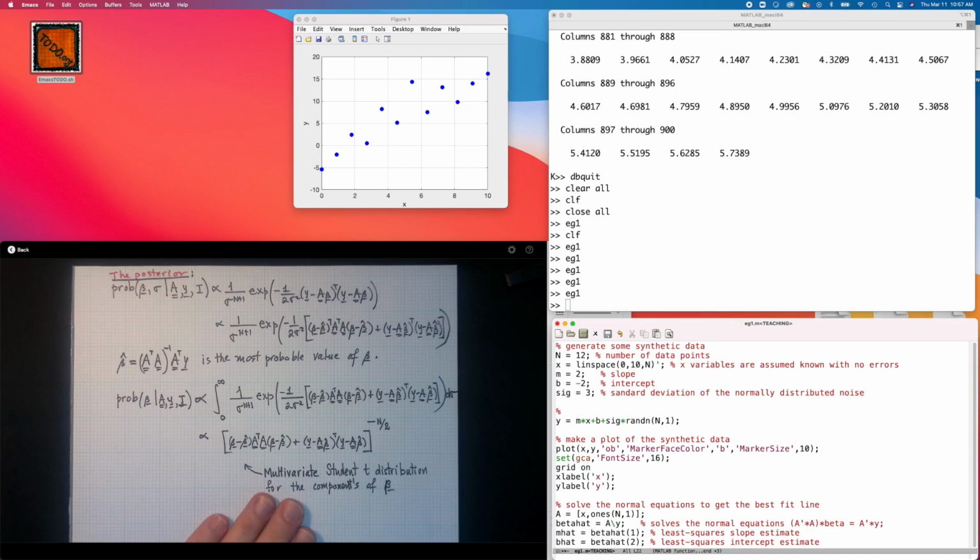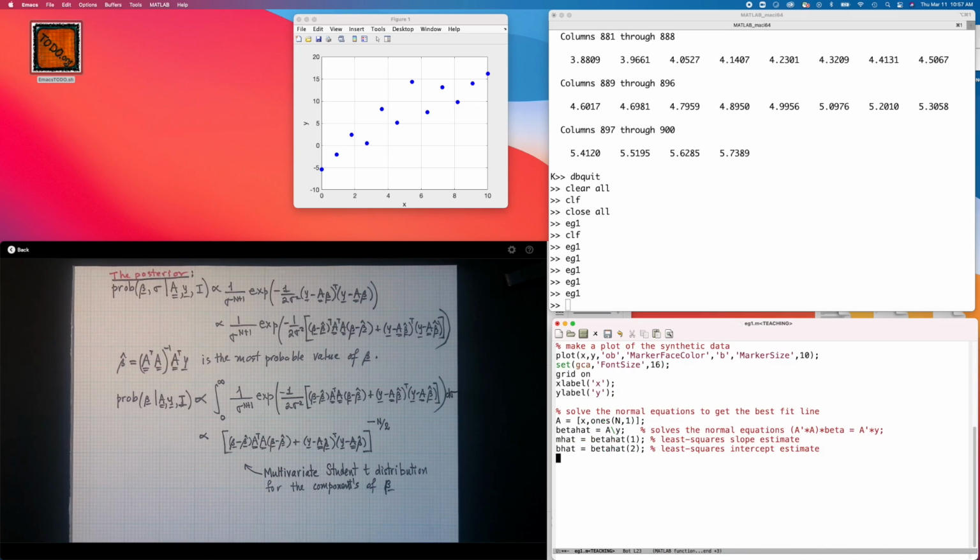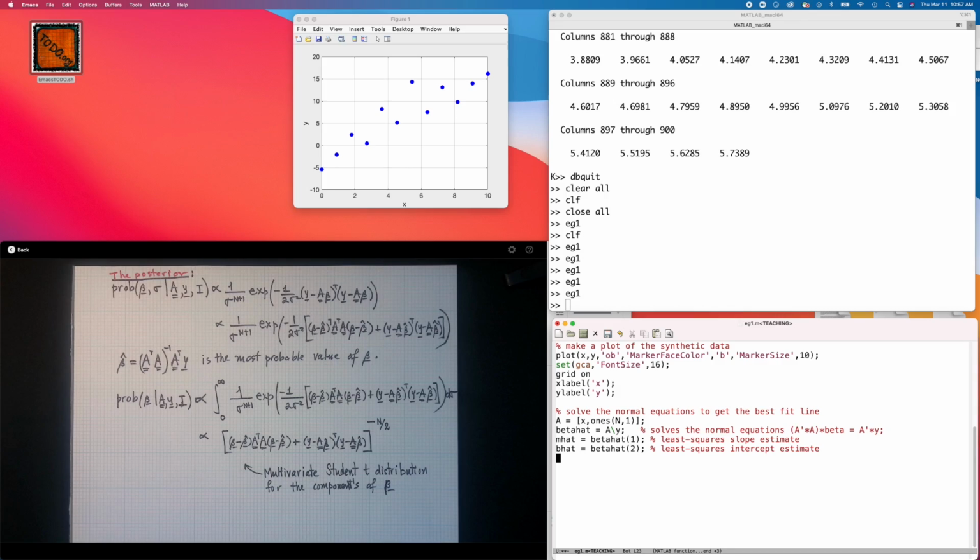So these are known as the least squares estimate, but they are also the most probable estimate based on the posterior probability that we derived over here. So let's add onto the graph a plot of the best fit line.